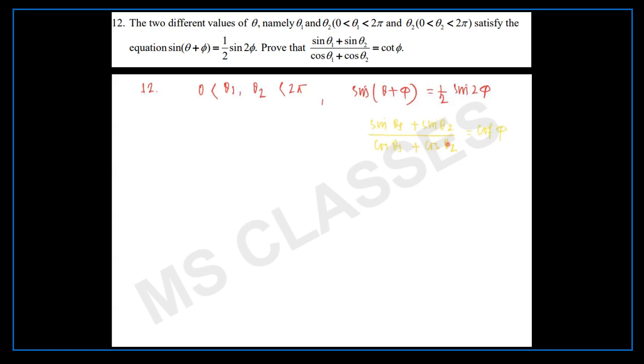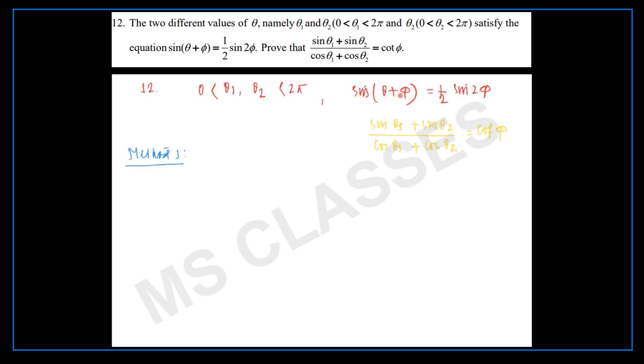Now, how to prove this, sir? So, we come to method 1. Here theta 1 and theta 2 satisfy this equation.